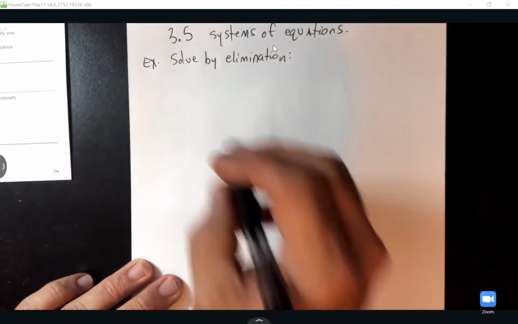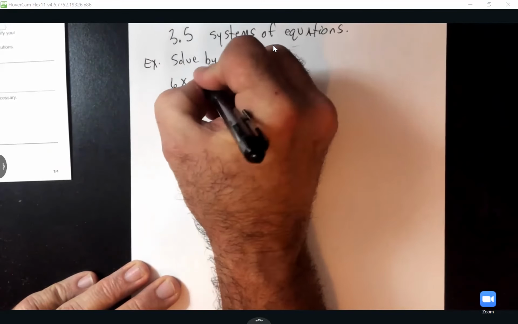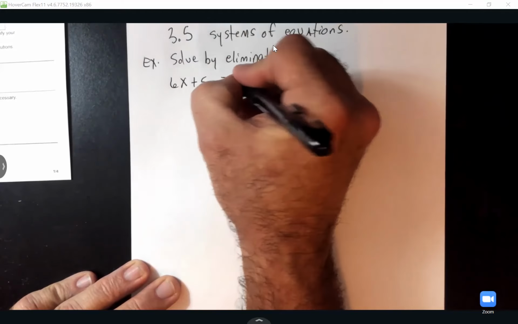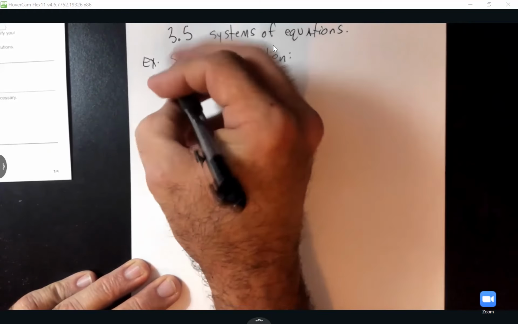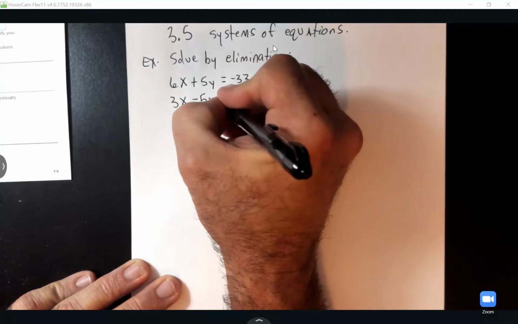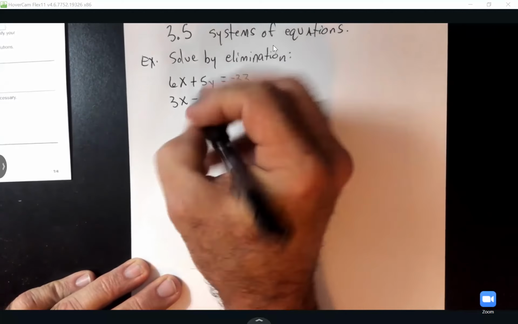Now, the system they're giving us is 6x plus 5y equals negative 33. Then they're giving me 3x minus 5y equals negative 39.